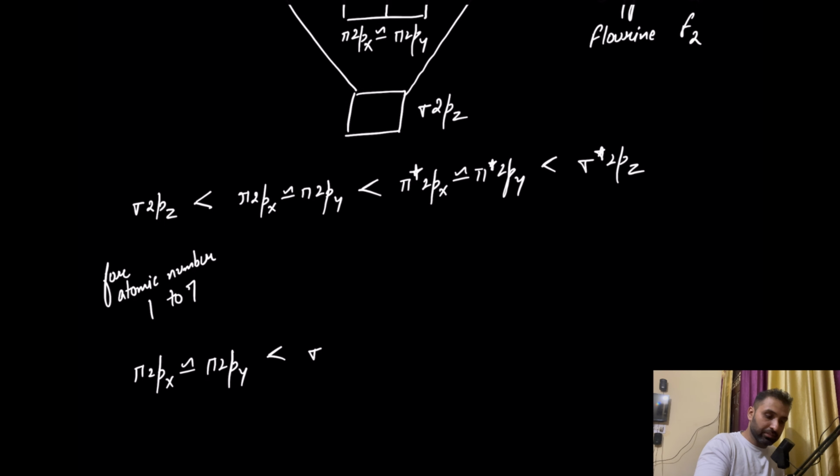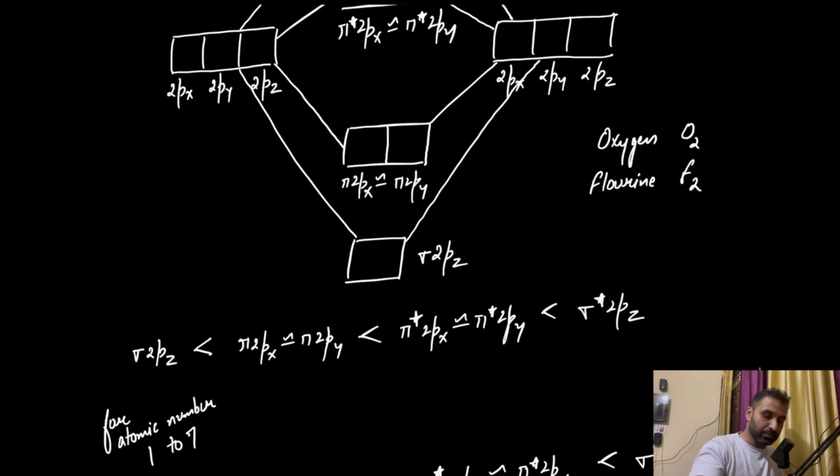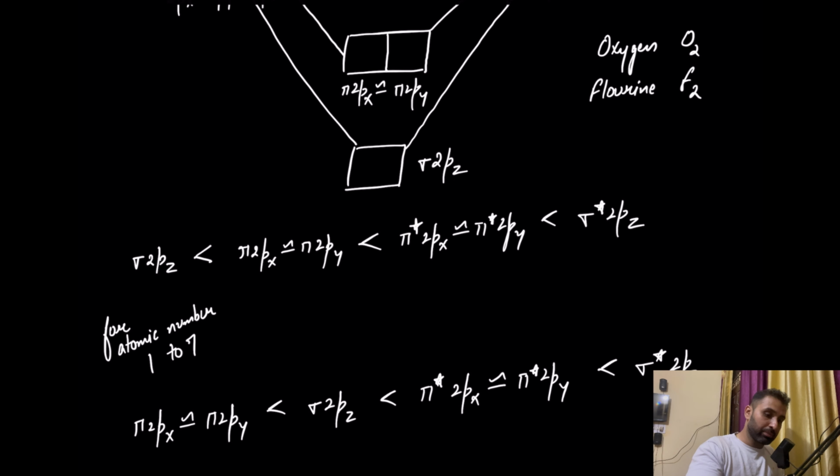Then there's a turn of sigma 2pz. Then there's a turn of pi star 2px and pi star 2py. And lastly, there's a turn of sigma star 2pz. So, this is the case for molecular orbital theory.